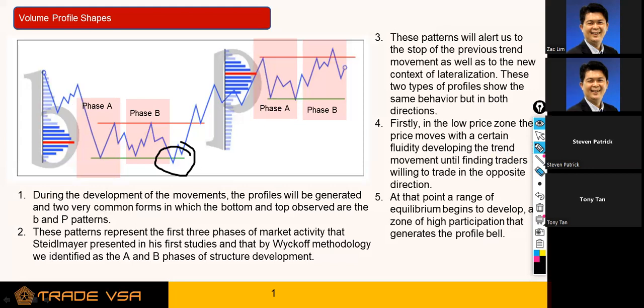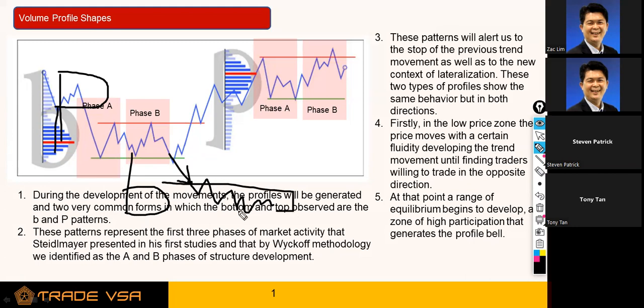If this setup is here but you are in a P situation, then this might have a tendency to go down further, because the volume for smart money accumulation is still not enough. Maybe the smart money will go down further and hopefully form a B, with enough volume for them to buy before a rebound.